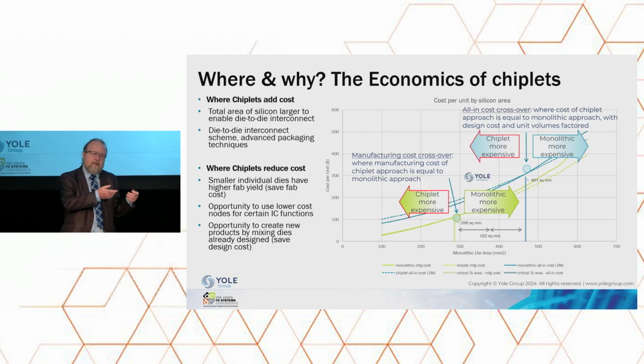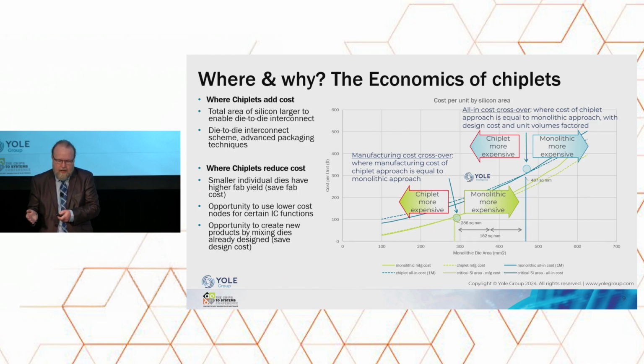I'm here to tell you that there is a point where the die size and the complexity of the die leads to a point where the manufacturing costs tend to be less when you move from a large monolithic to a chiplet-based design. And in this graph, we see that it starts, from a manufacturing side, we estimate just short of around 300 millimeters squared.